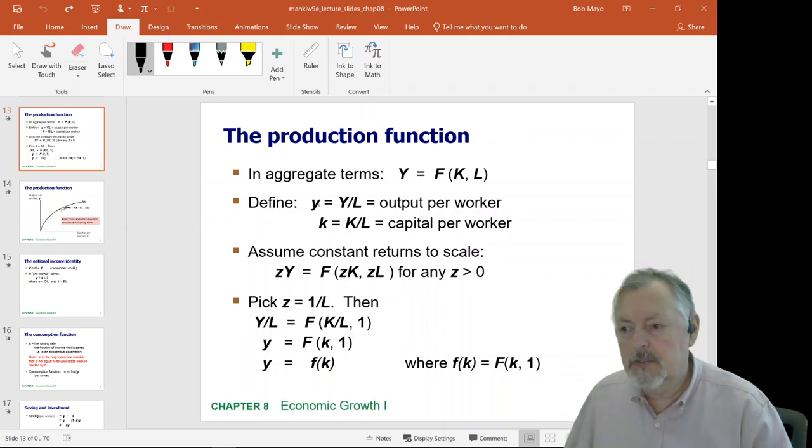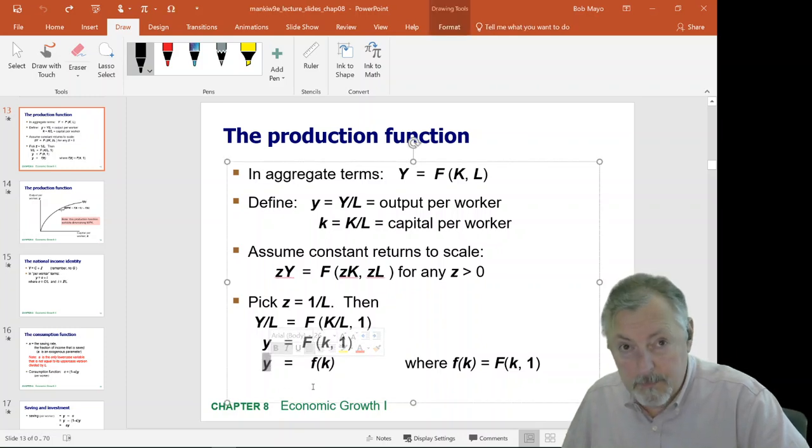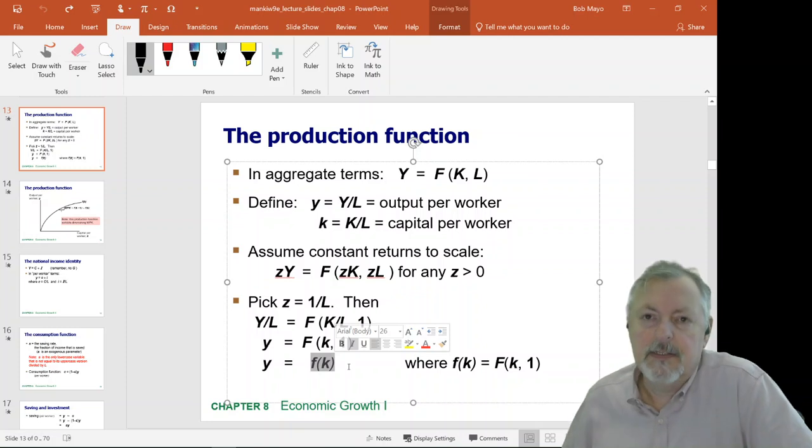So lowercase y is output per worker. Lowercase k is capital per worker, which means that now output per worker, the production function, is only a function of one variable, capital per worker. Simplifies things.